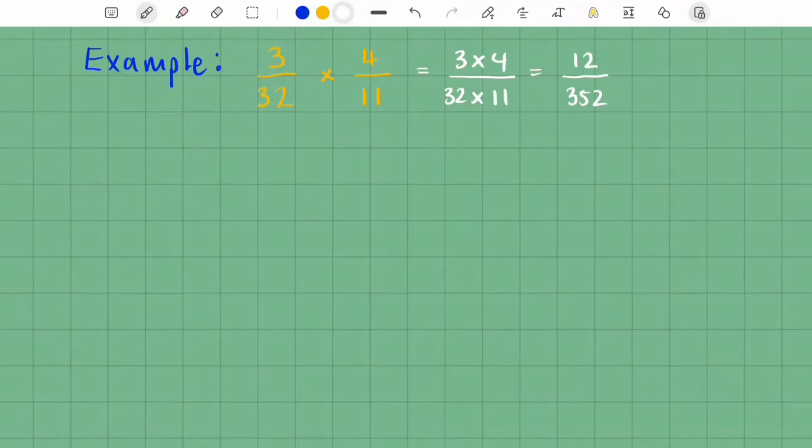But what I want to look at is how do we make our life a little bit easier before we go ahead and do this multiplication. Well, as we can see from this stage here, we've basically combined the two fractions in the beginning to be one fraction by showing the multiplications that are going to take place.